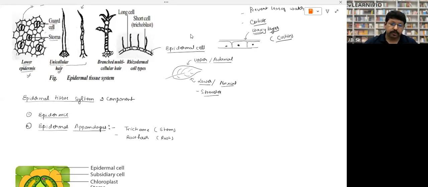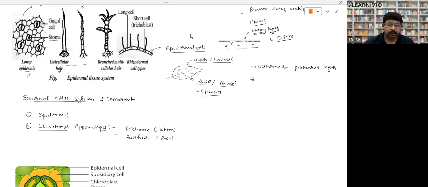So first we will discuss the epidermis. Epidermis is the outermost protective layer of plant body.